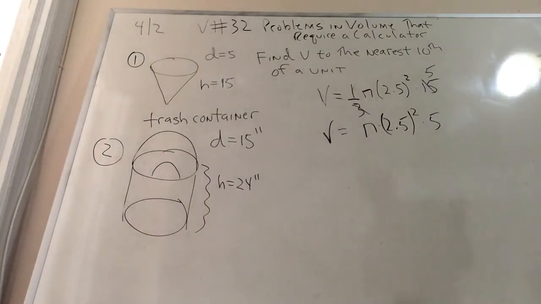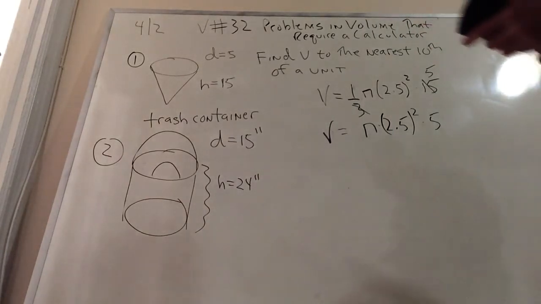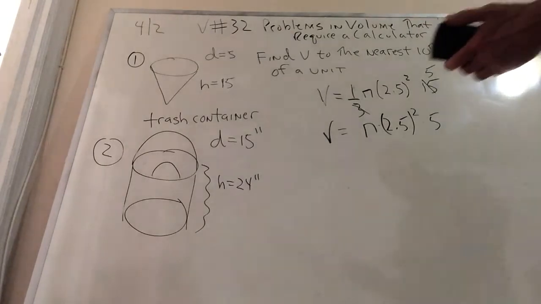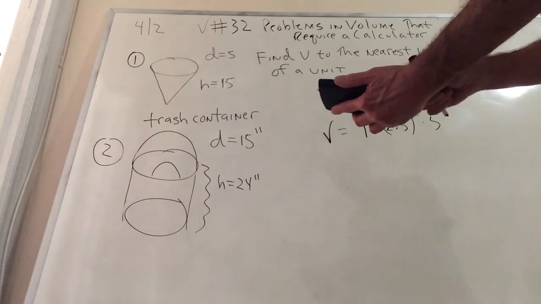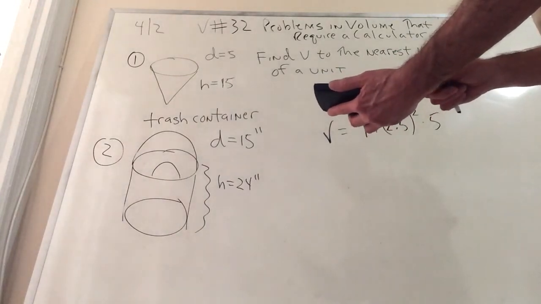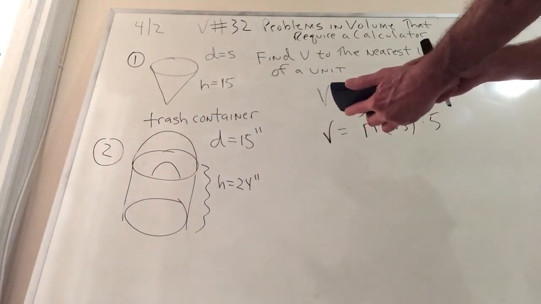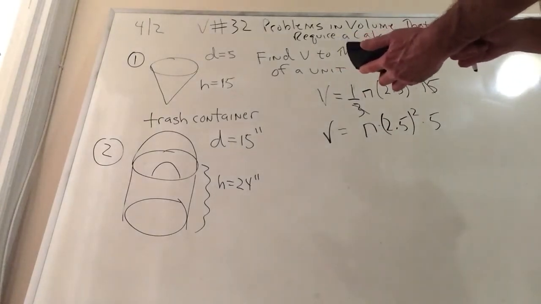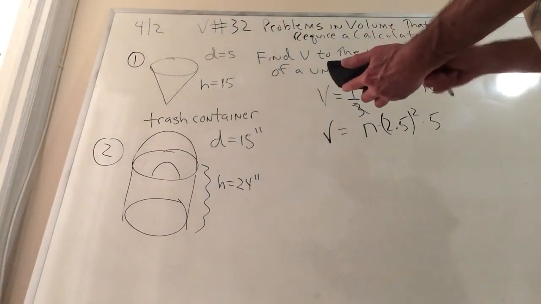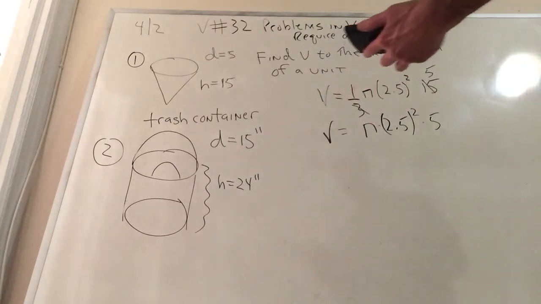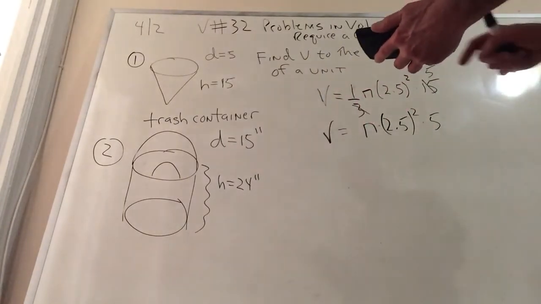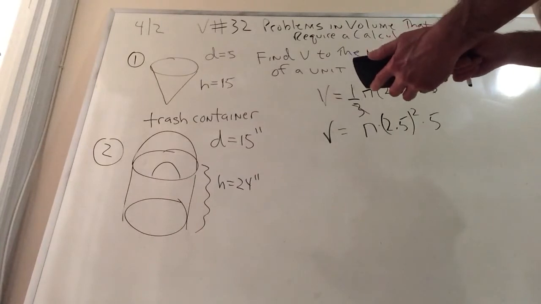In a way, unless there's a real scientific problem involved here, it's kind of hard to see why you'd even go through this. But anyway, I do the math, and I'll put my little calculator out here so you can see it. Pi times 2.5, press the square button, you don't have to put that in parentheses, and then multiply it times 5.